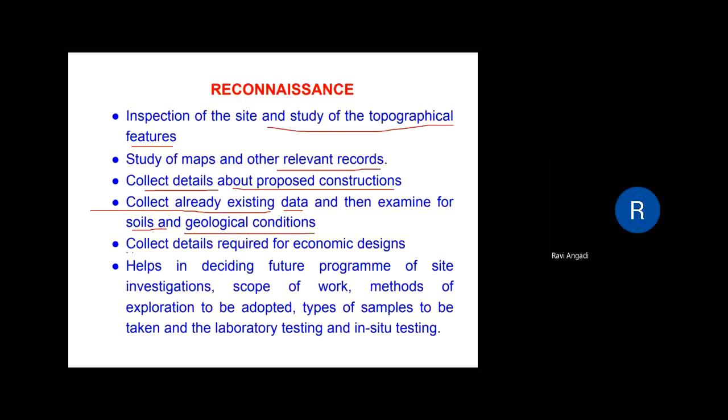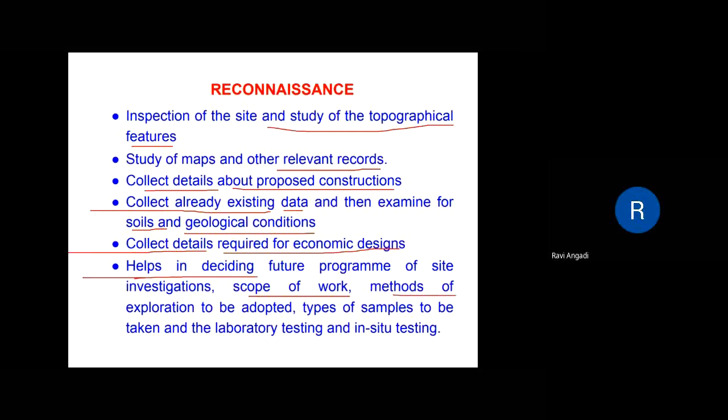Next, collect details required for economic designs, meaning how the cost can be reduced. You can collect details from adjoining structures or already available data. Then, it helps in deciding a future program of site investigations. Whenever you visit and inspect the site, it helps with the future program of site investigation and the scope of the work.